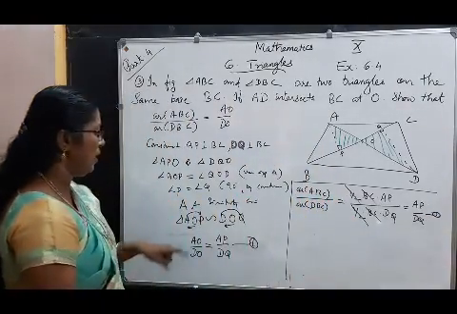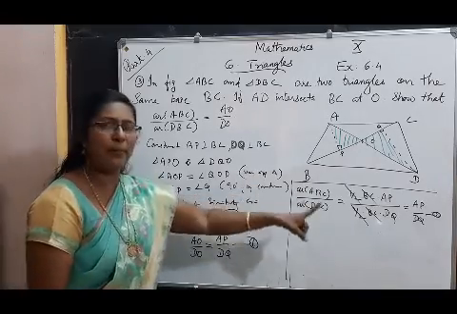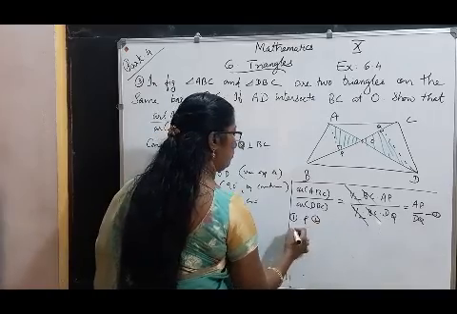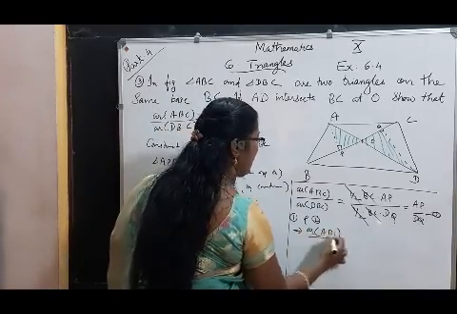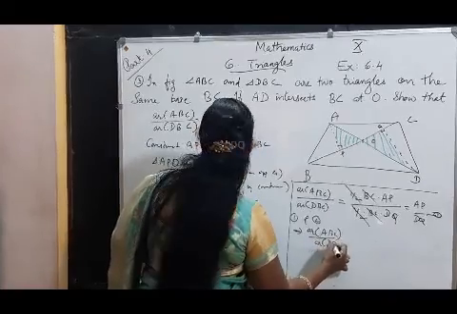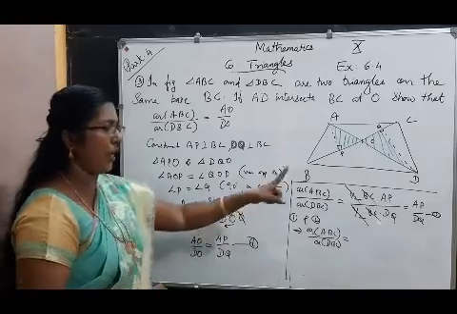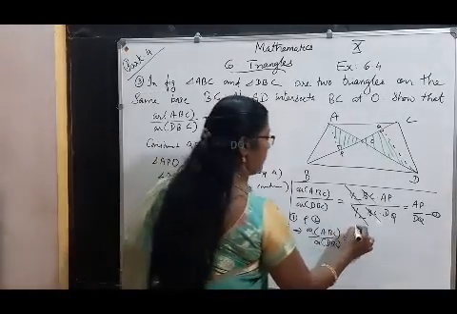From 1 and 2, this is AP by DQ and it is AP by DQ. From 1 and 2, we can imply area of ABC by area of DBC equals AP by DQ, which is the same as AO by DO.